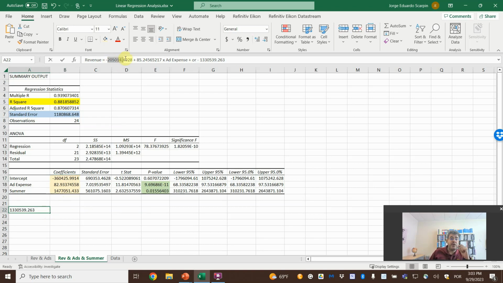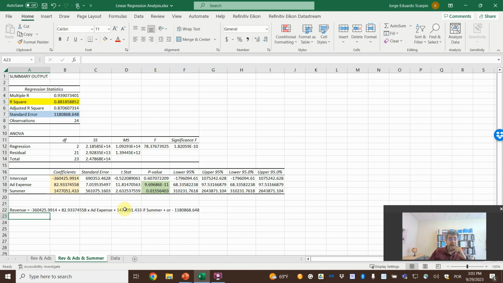So our formula will be minus 3,604,259,914 plus 82.9337455 times ad expense plus or minus 1,477,051.433 if summer, plus or minus 1,180,868.648.